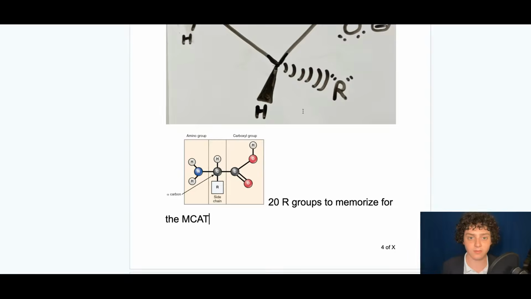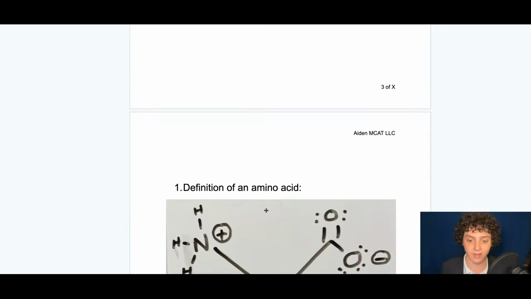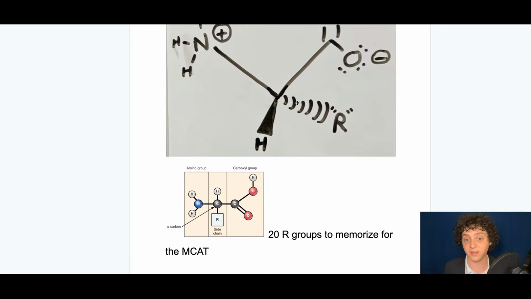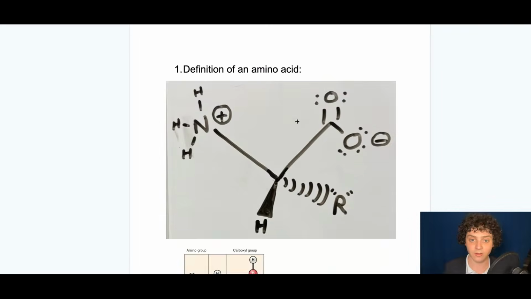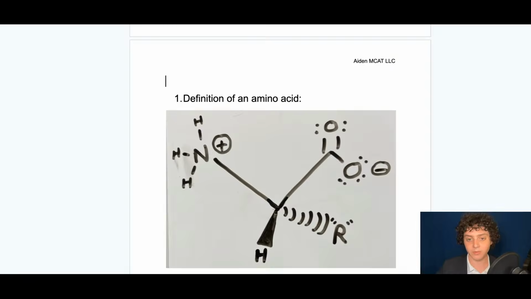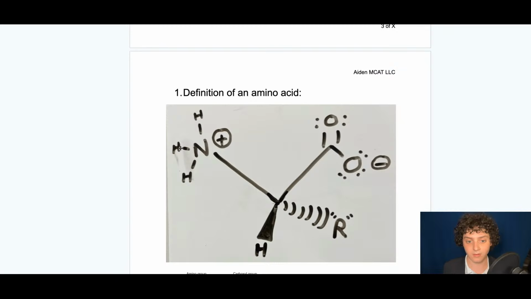We're going to get into those names in section 8 when we talk about names and abbreviations of amino acids. But this is the model. There are 20 of these different R's, and every amino acid has a different R, and it's what defines them. From now on, I'm going to be calling alpha amino acids simply amino acids because that's how they're referred to on the MCAT exam. But be aware that any molecule with a nitrogen like this and a carboxyl like this could potentially be an amino acid.